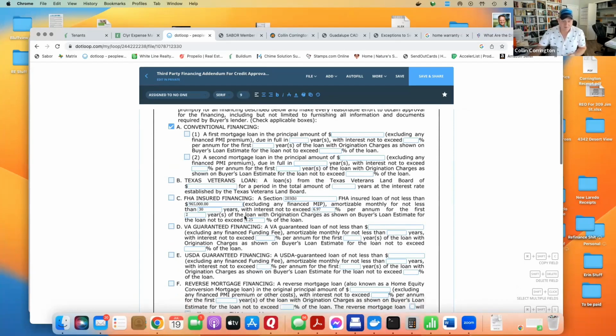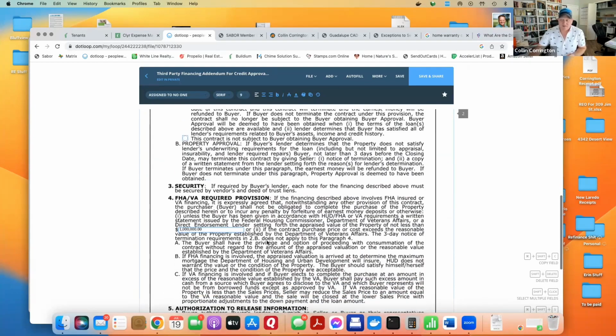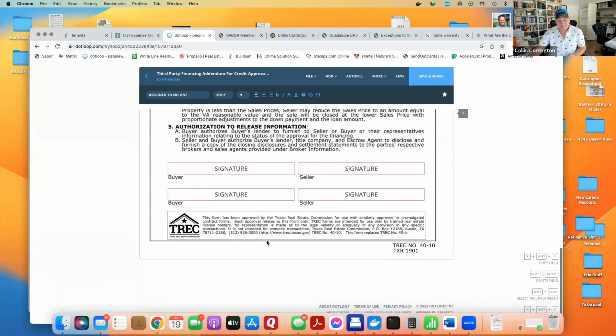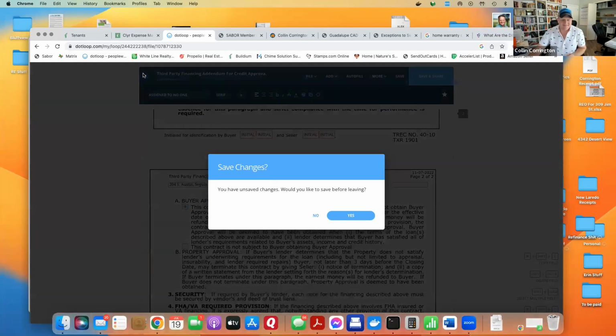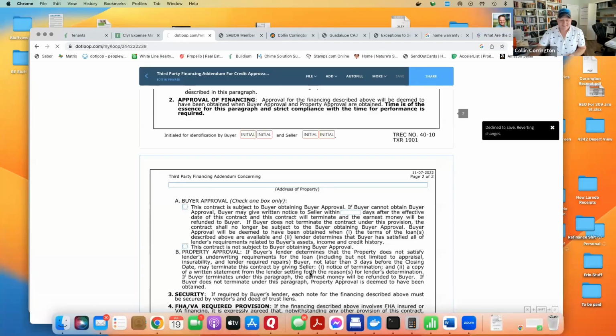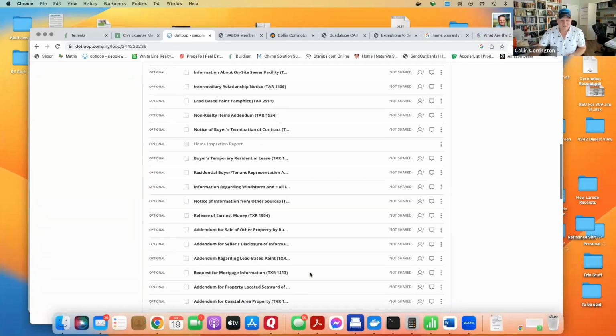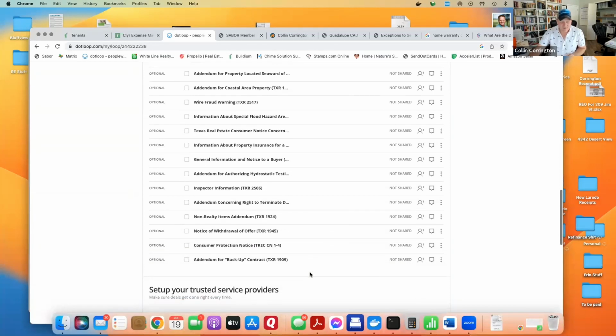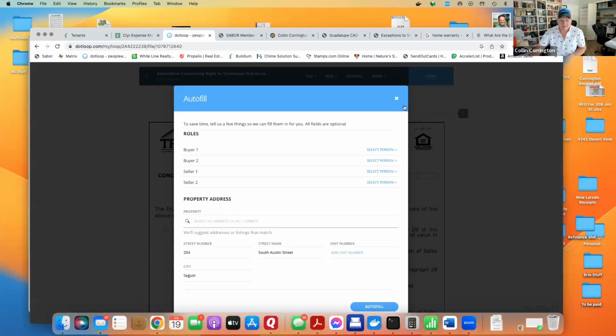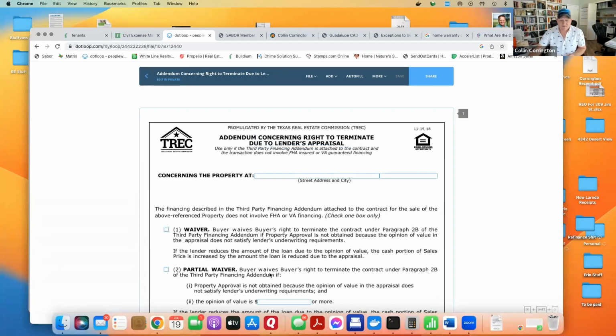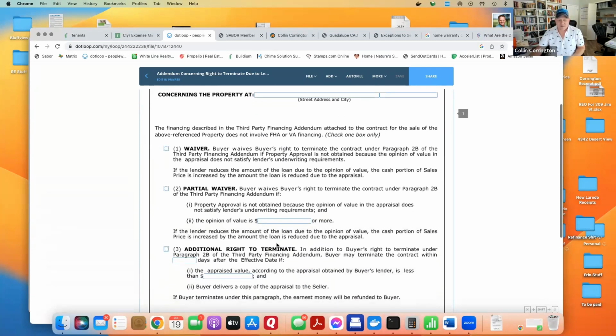But Colin, I really want to make sure that they can get out if it doesn't appraise. Well, there's a form for that. It's down here, and it is called Addendum Concerning the Right to Terminate Due to Lender's Appraisal. So if they do anything other than an FHA or VA loan, you should fill this out.